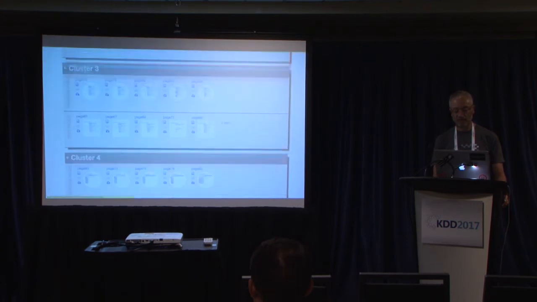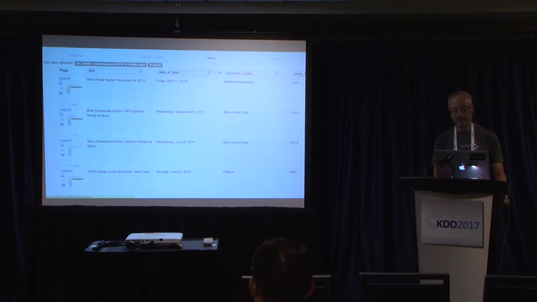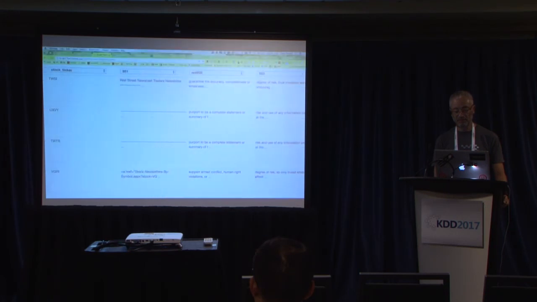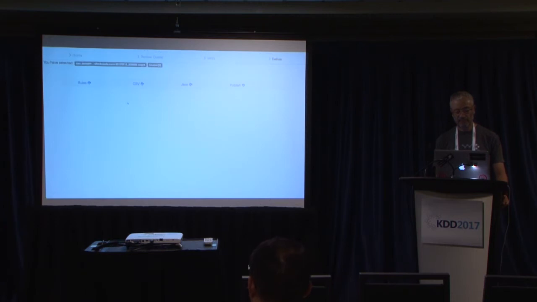So I go here, and after I did the verify step, in this cluster it extracts maybe slightly different information. And then I say deliver, and then you can publish.